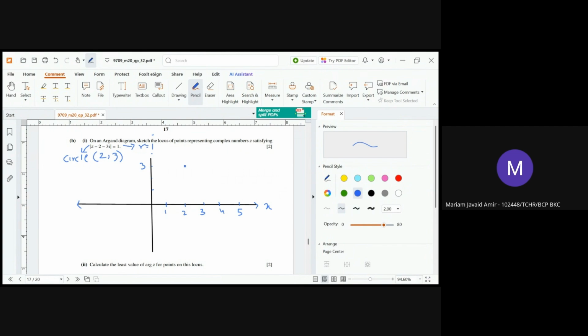Now we need a circle which has a radius of 1 around this. So something like this.